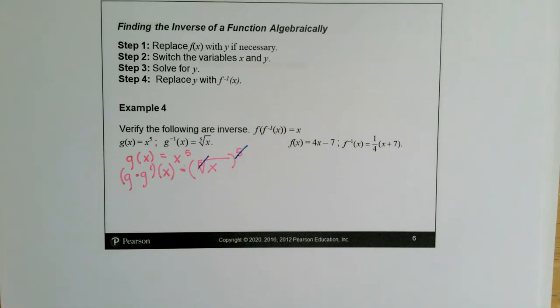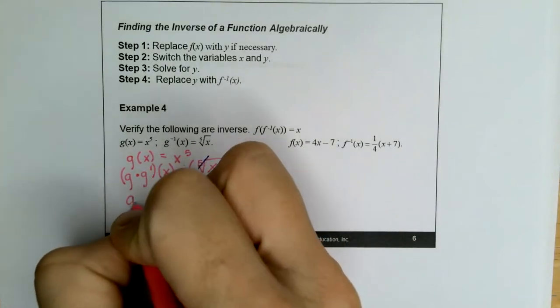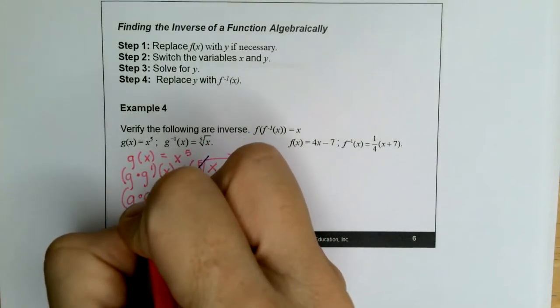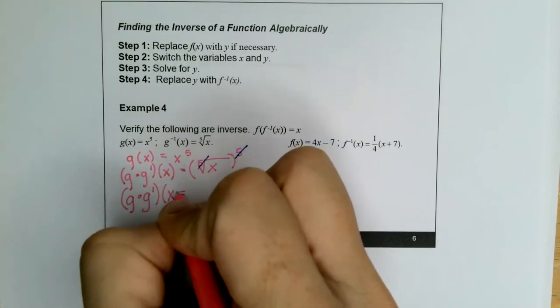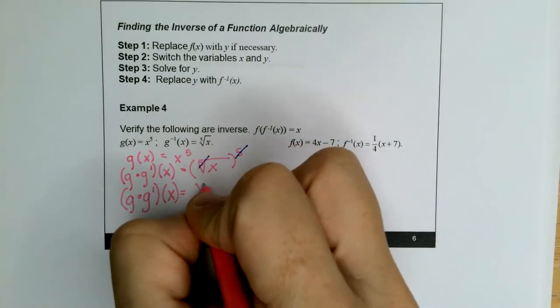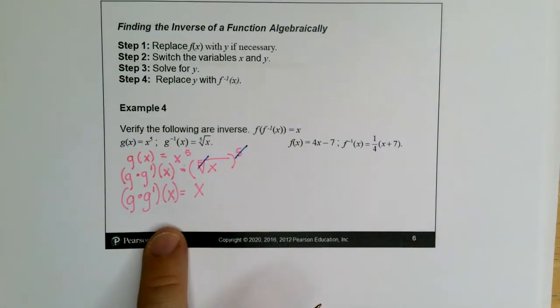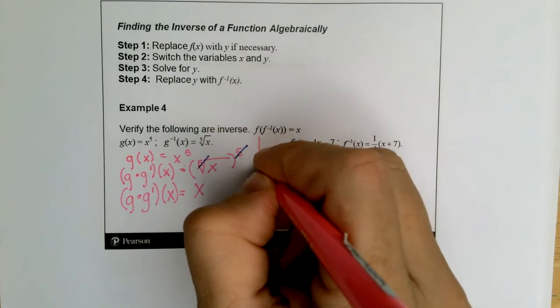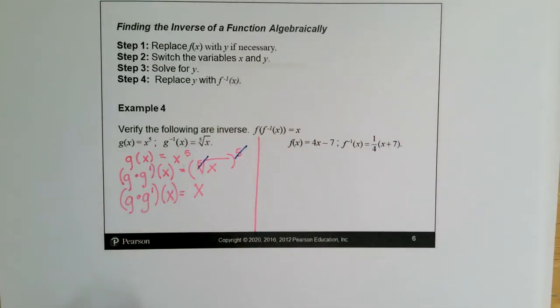So what remains is g of the inverse of g of x is x. I have proven, I just did a proof, I have proven that these two are inverses.